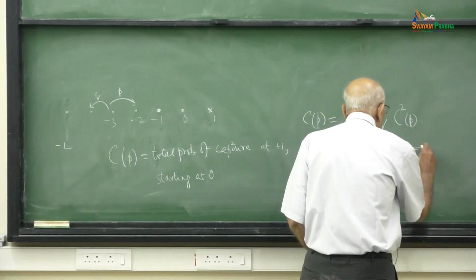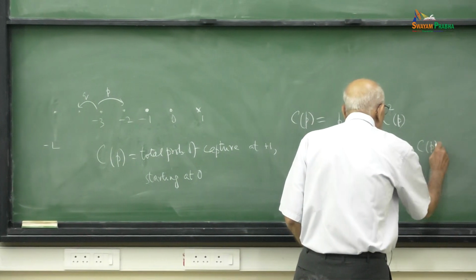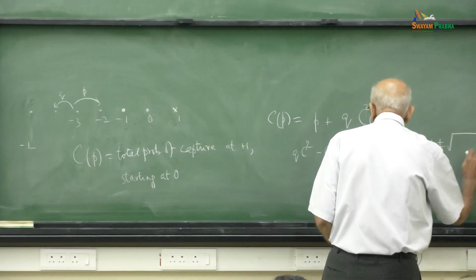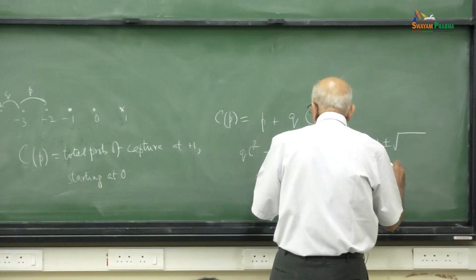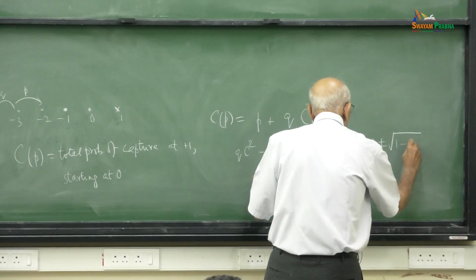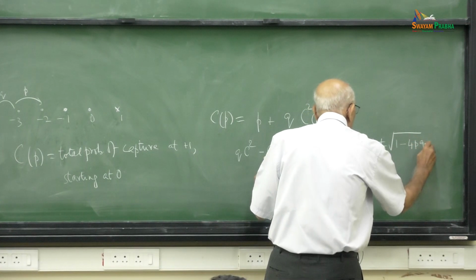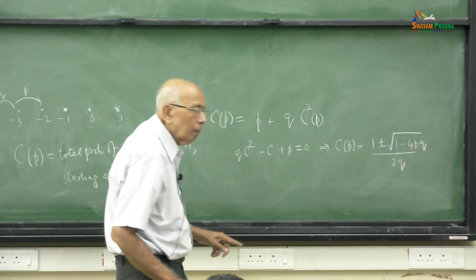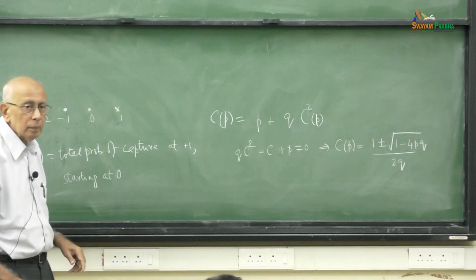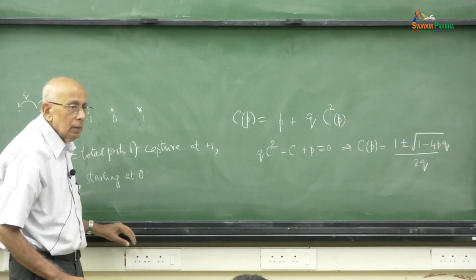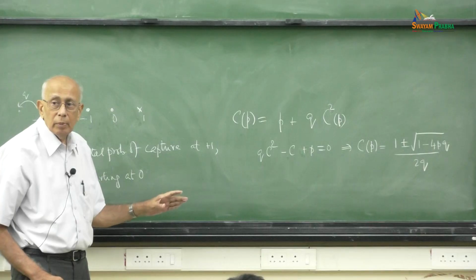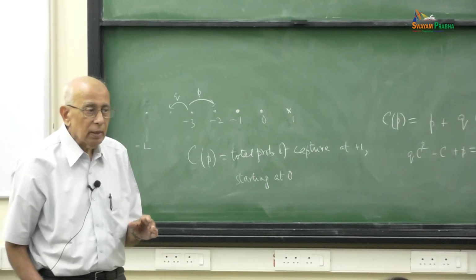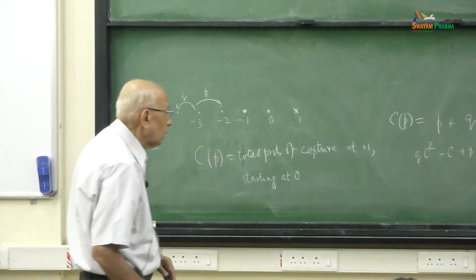So this implies that C of P is equal to 1 plus or minus the square root of 1 minus 4PQ, over 2Q. So that's your total captured probability. But there are two roots and you have to choose the root that is physically relevant here. We will see how to do that in a second.